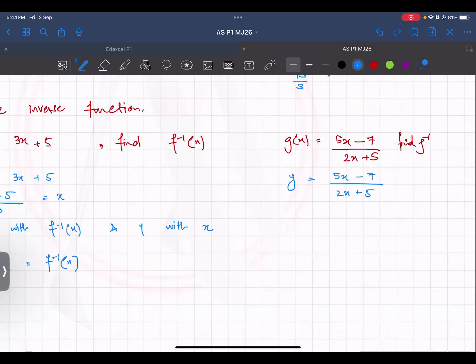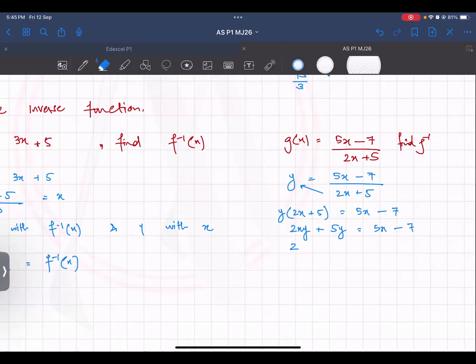Move things around. The better your algebra is, the easier your AS P1 would become. So you can do the cross multiply. So y would be multiplied by 2x plus 5, equal to 5x minus 7. So 2xy plus 5y is equal to 5x minus 7. Move both x terms together. So 2xy minus 5x is equal to minus 7 minus 5y.